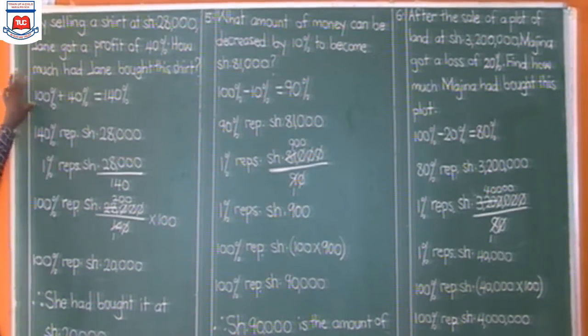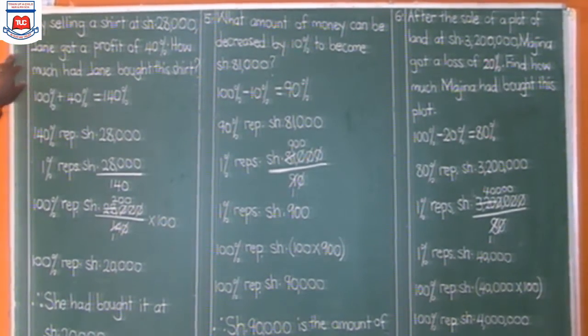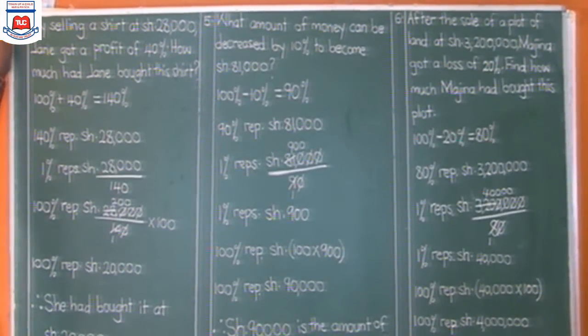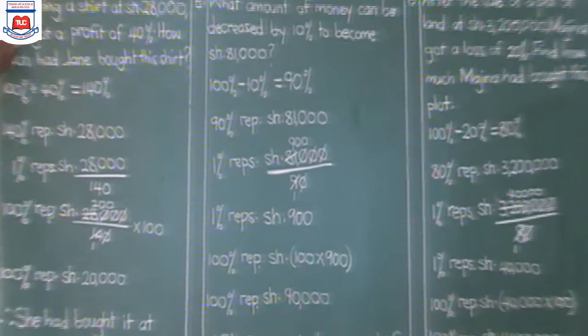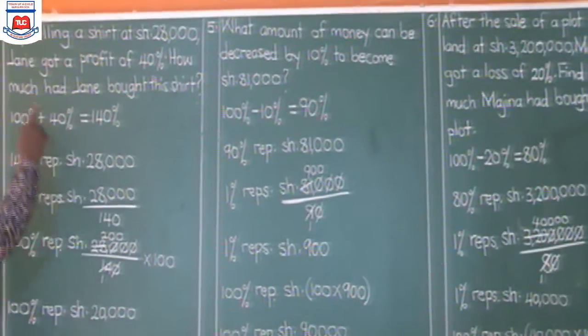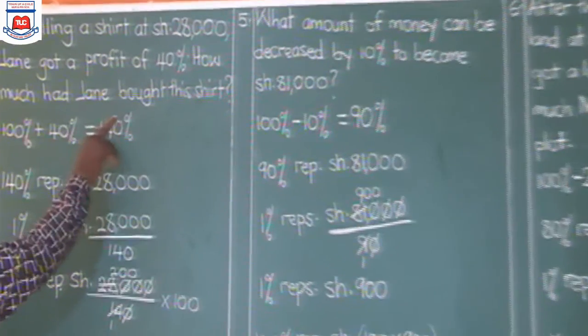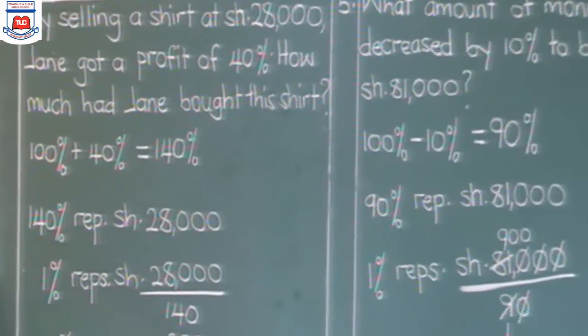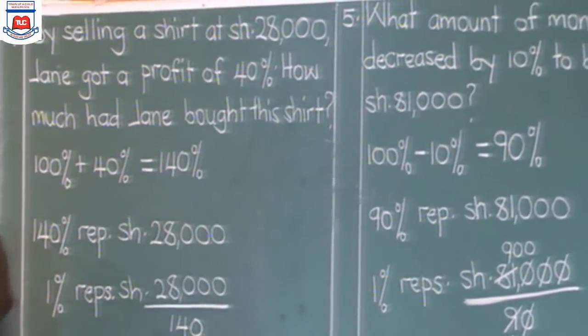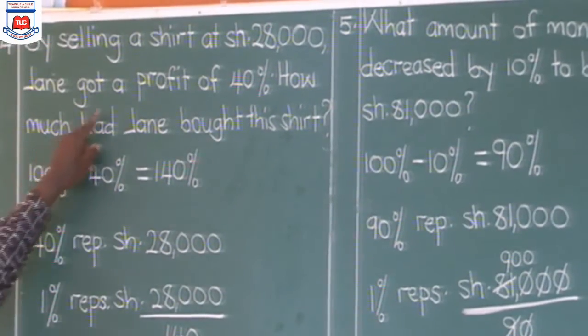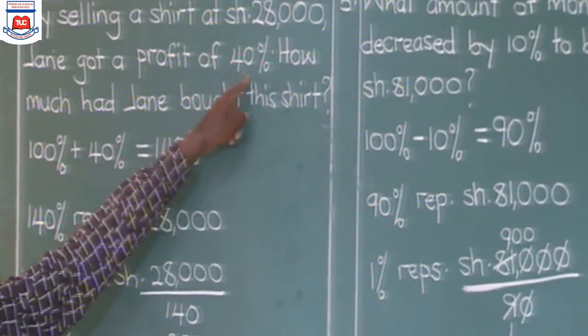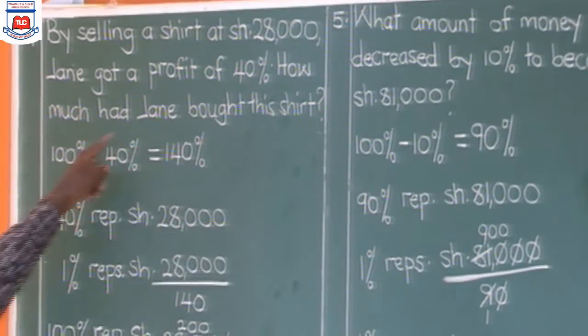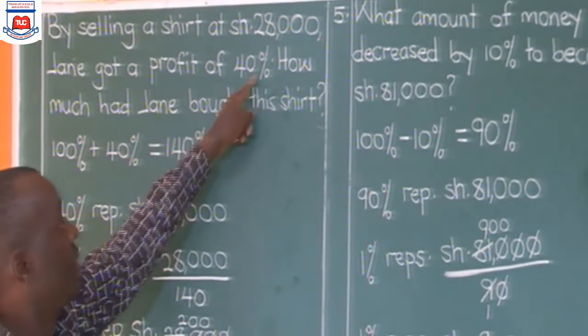Having looked at the first three examples, we turn to example number 4, which reads, by selling a shirt at 28,000 shillings, Jane got a profit of 40%.